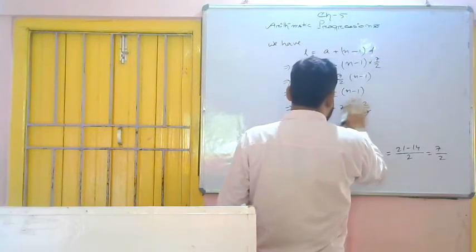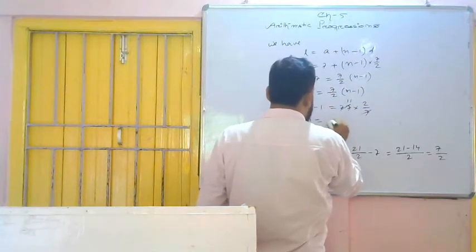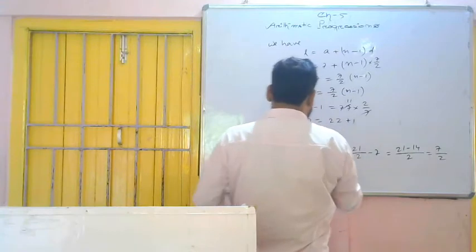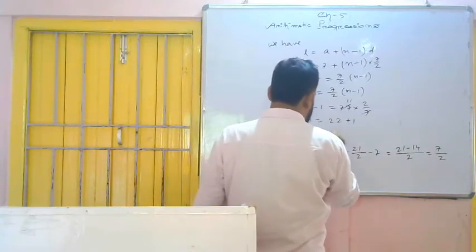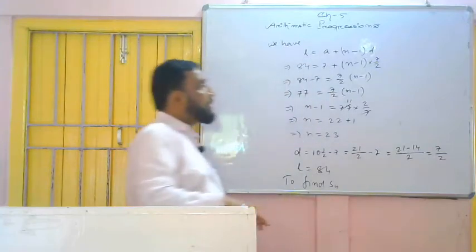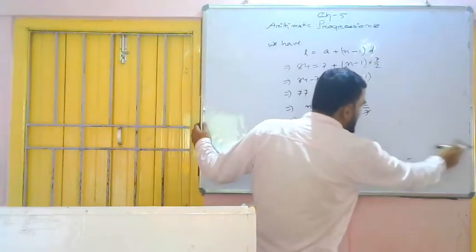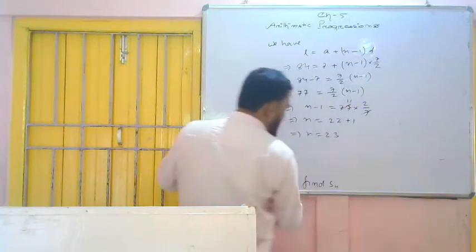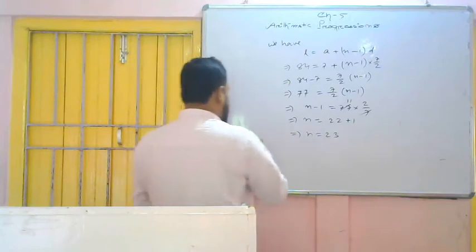So n is equal to 22 plus 1. So n is equal to 23. Now we got n first. Later on, using this n, l and a, we will find out Sn.